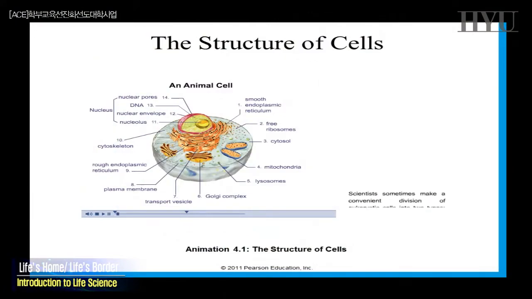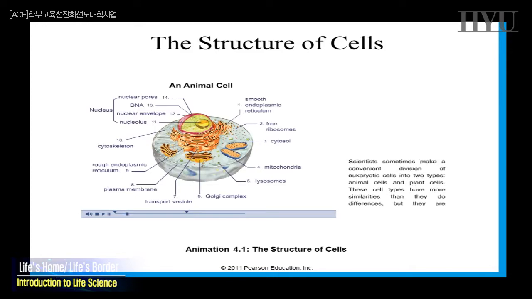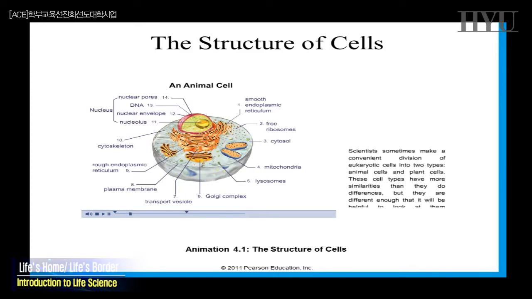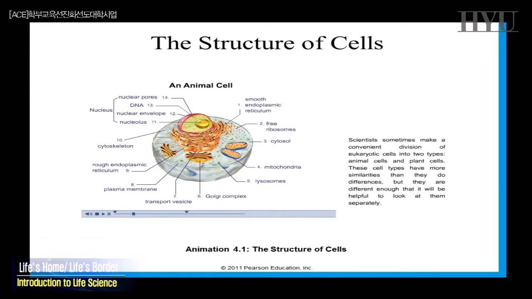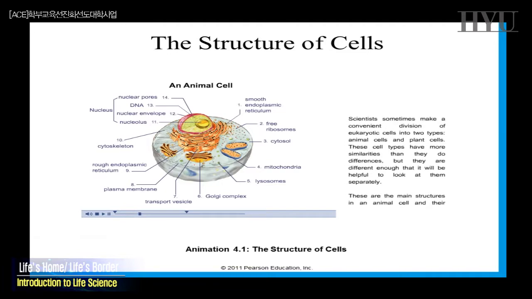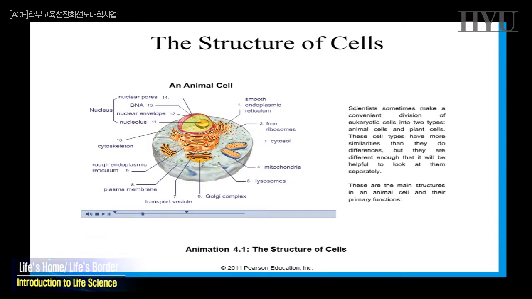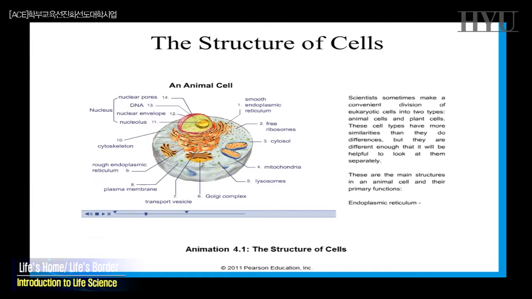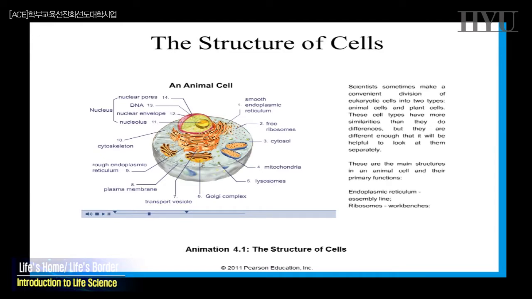The scientists sometimes make a convenient division of eukaryotic cells into two types, animal cells and plant cells. These cell types have more similarities than they do differences, but they are different enough that it will be helpful to look at them separately. These are the main structures in an animal cell and their primary functions.